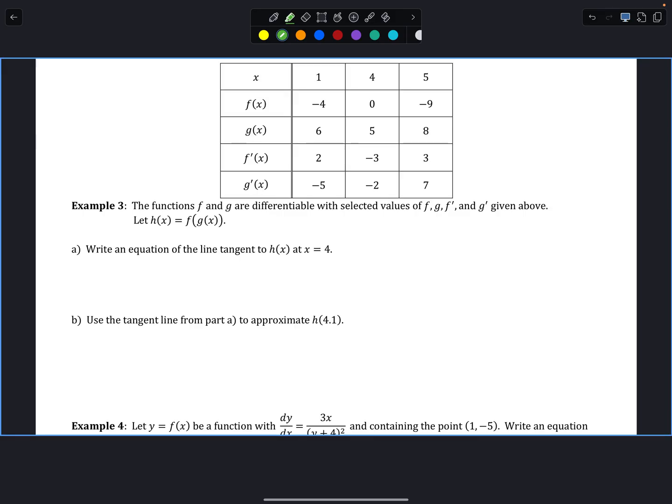Okay. The functions f and g are differentiable with selected values of f, g, f prime, and g prime given above. Let h of x equal f of g of x. Write an equation of the line tangent to h of x at x equals 4. So again, y minus y1 is equal to m times x minus x1.